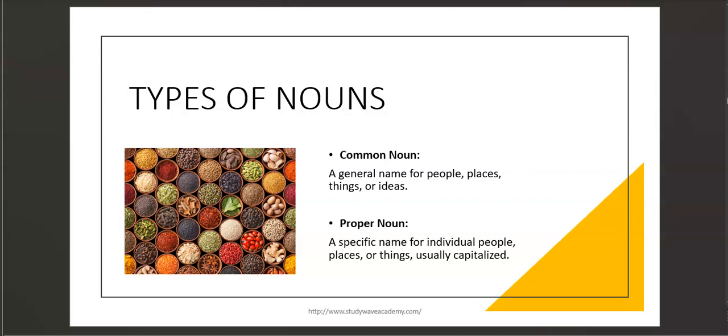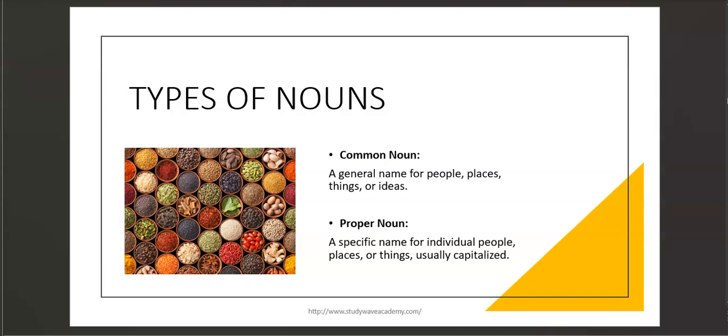Okay, all these are examples of common nouns. Any noun that is a general name for places, people, things, or an idea is called a common noun.